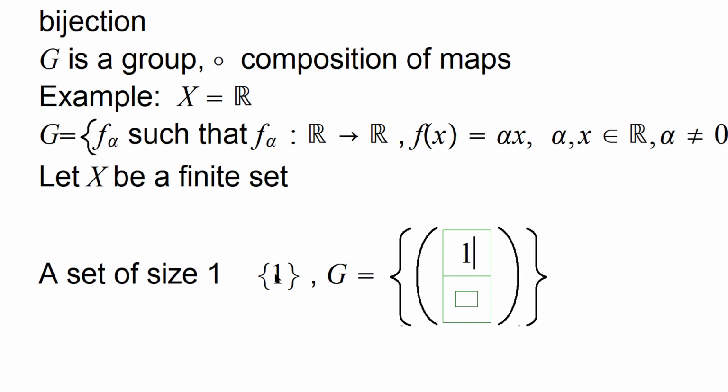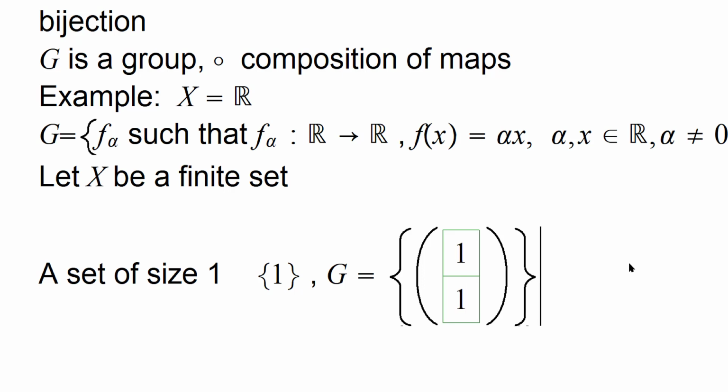On the top, we will write the element in the domain, and in the bottom, we will write the element that it is assigned to. So in this case, we have only one element, that is identity, and you can see that that forms a group, because the inverse of the identity element is identity, composition of maps is closed and is associative.